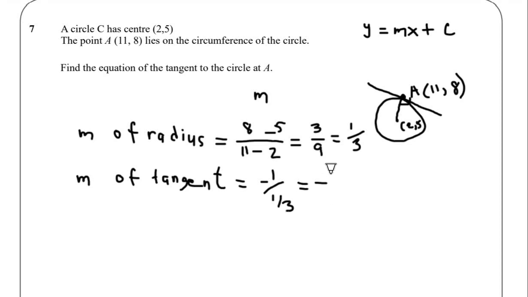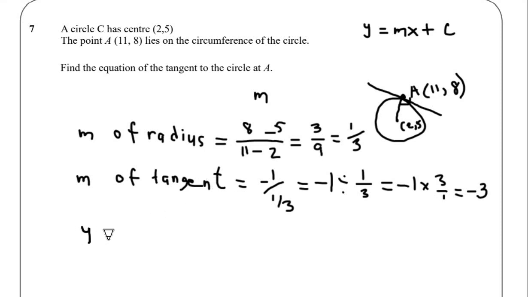This is the same as dividing -1 by 1/3. So that will be -1 times, we're going to flip the fraction and make it 3 over 1. So that is -3. So we have the gradient of the tangent.